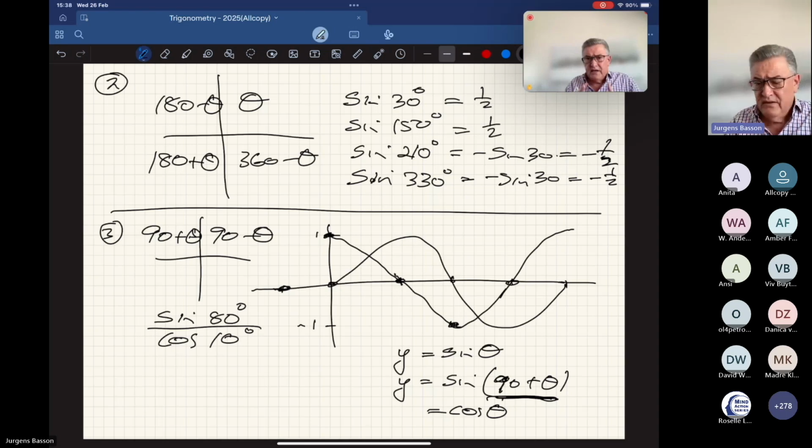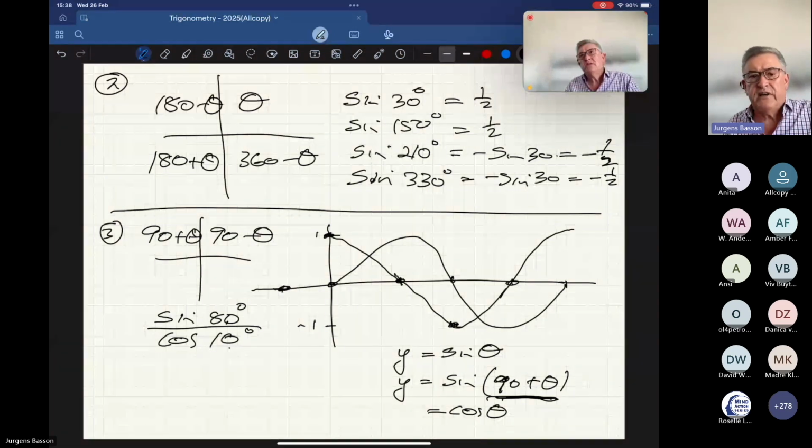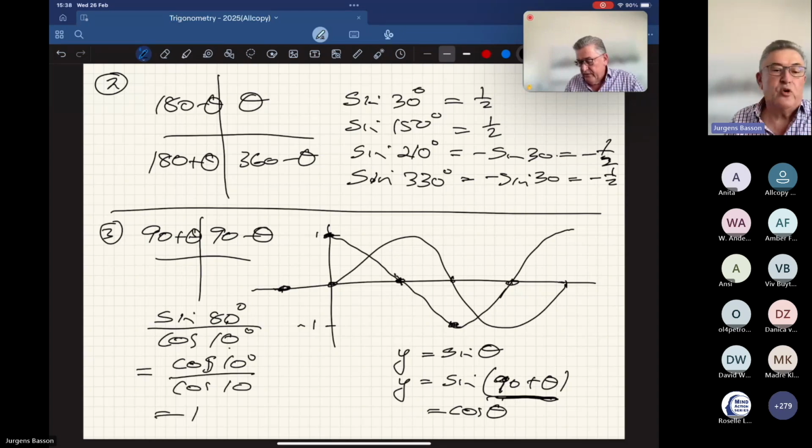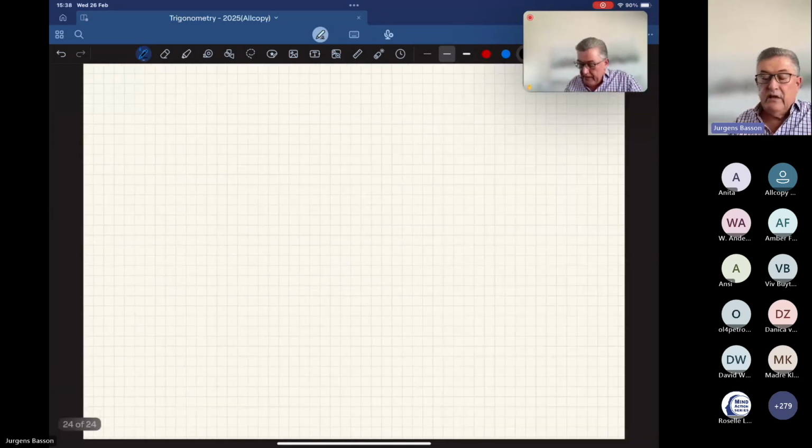The key: 80 plus 10 is 90. If two angles add up to 90, co-functions. Then you can change the 80 to 10 or the 10 to 80. So you all agree that this will become the cos of 10, because it's 90 minus 80, over the cos of 10, which will give you 1.